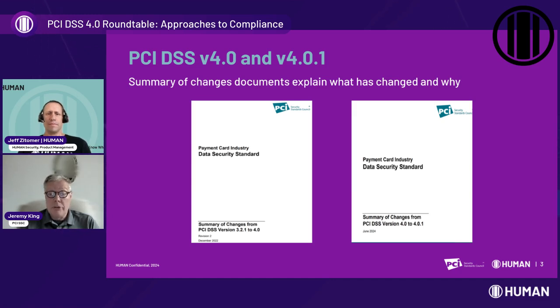Another has just been released, which covers the migration from 4.0 to 4.0.1. If you want to know what's changed, why it's changed, and how it's changed, start by downloading these two documents. They are a really good resource when you're looking to move towards using these new versions of the standard. Next slide, please, Jeff.